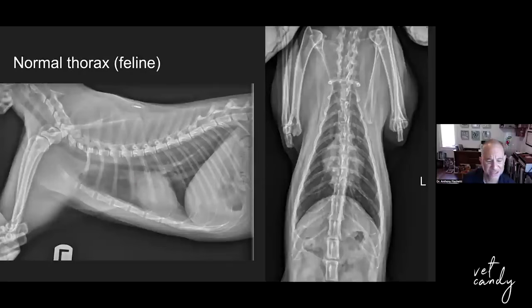Cats are similar, but it's a lot harder to separate arteries and bronchus and veins just because they're smaller. This is the normal thorax of a cat. You might notice that the vertebral bodies are a bit more elongated, they have straighter humerus, and they just look so beautiful. I love cats, and you can really separate a lot of the anatomy. In this guy, there's not a ton of fat in the mediastinum.